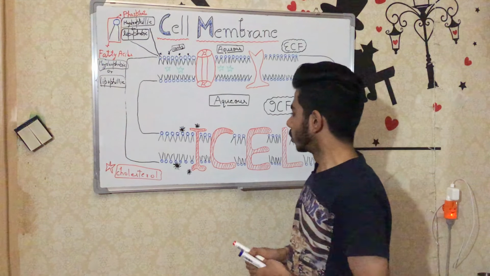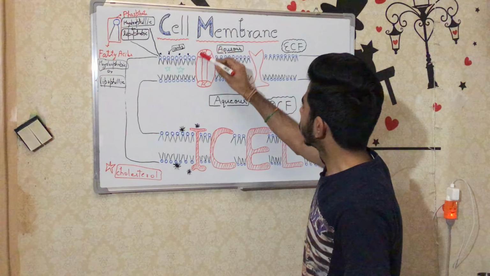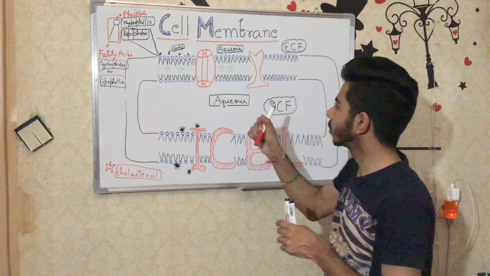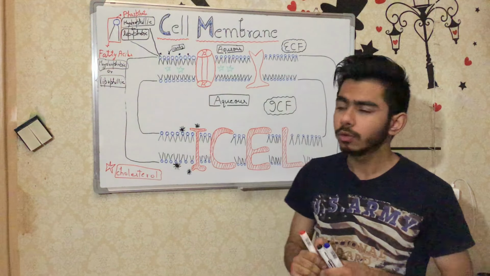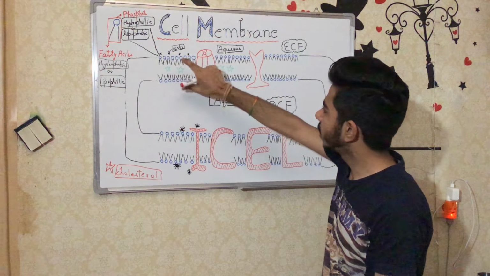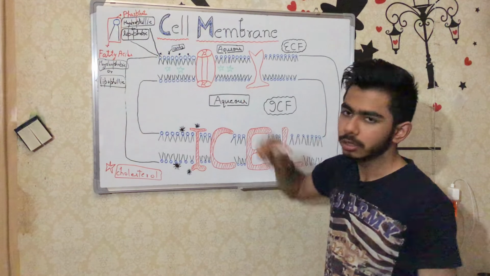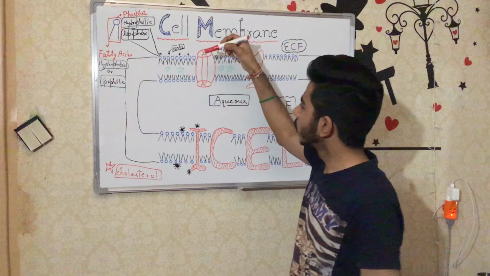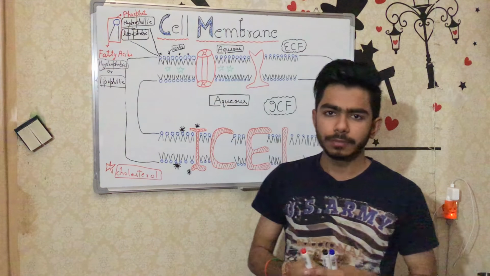So what I have drawn over here, actually these are the channels. I have already told you that the cell membrane or plasma membrane which surrounds the cell is a double membrane lipid bilayer structure. What substances can pass through it?